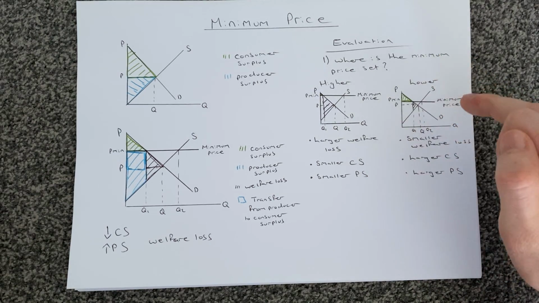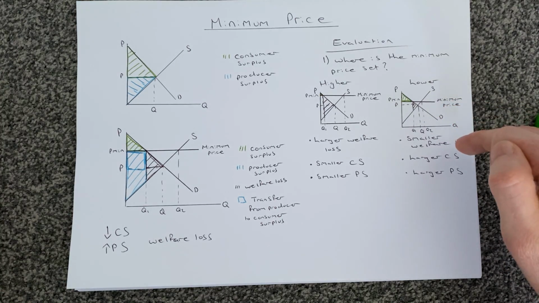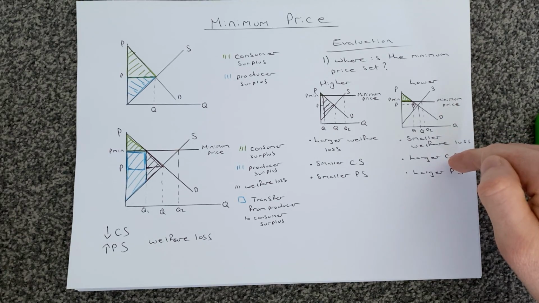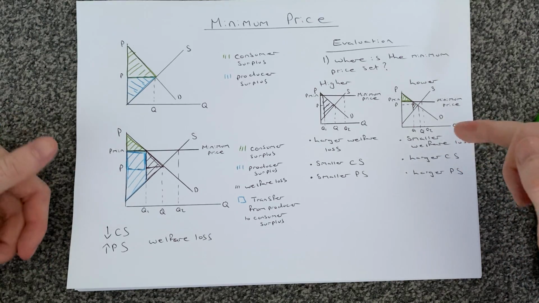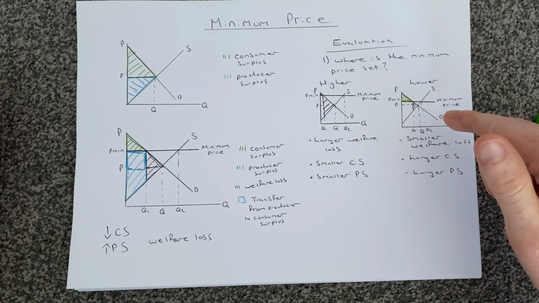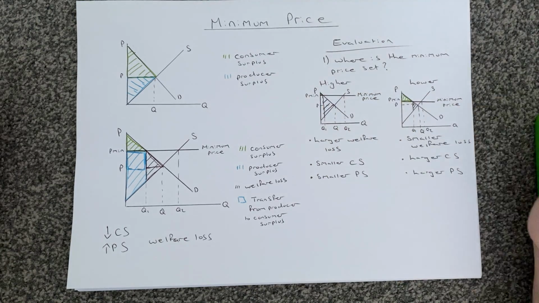Whereas if the minimum price is set quite close to the original market equilibrium, we will see a smaller welfare loss, a larger consumer surplus, bearing in mind that obviously the consumer surplus has fallen, but not by as much, and we would also see a larger producer surplus in comparison to a higher minimum price.